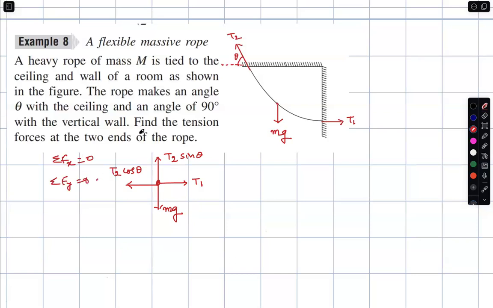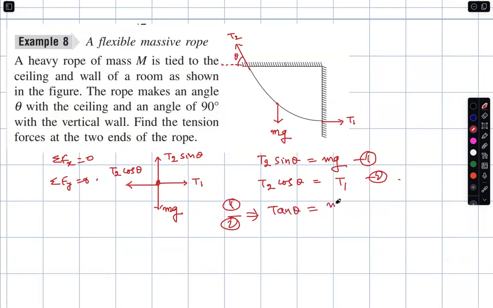It's in equilibrium, it's static. So from this you can conclude T2 sine theta is nothing but mg, and T2 cos theta is nothing but T1. So equation 1, equation 2, equation 1 by equation 2 implies tan theta is mg by T1.